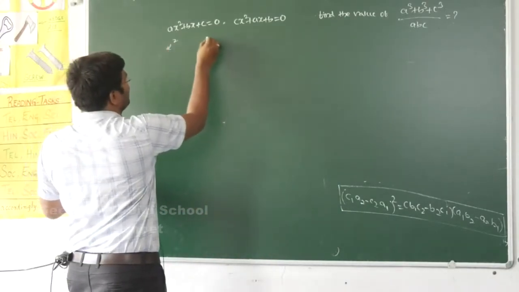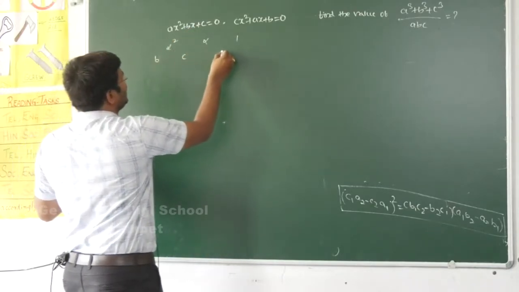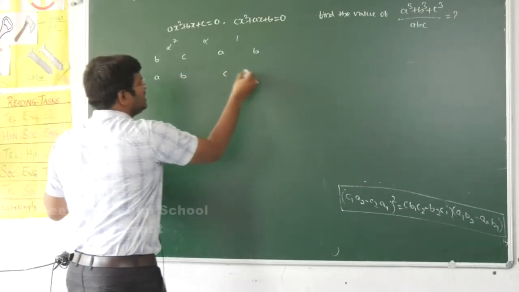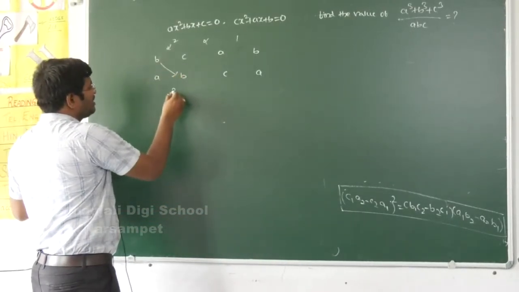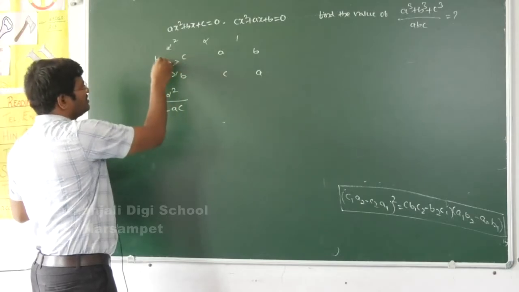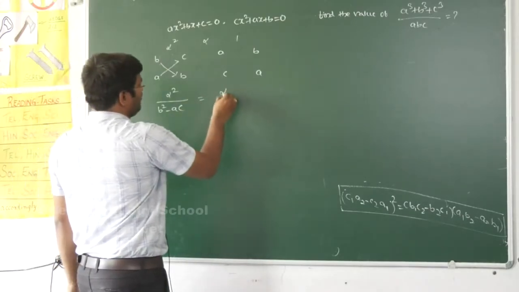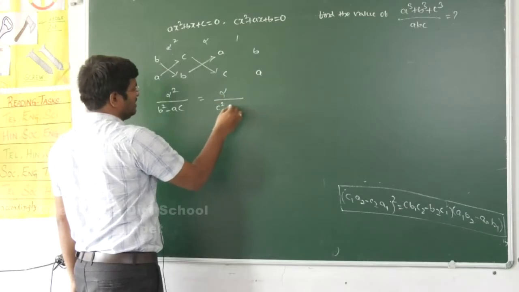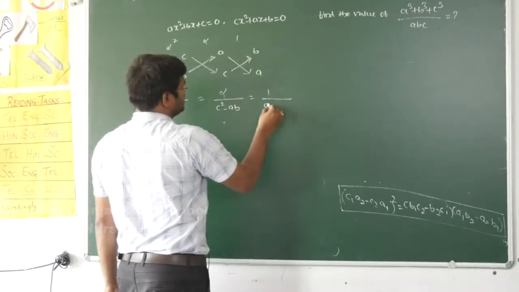Let the common root be alpha. Then we write the cross multiplication with coefficients b c a b, a b c a. Alpha square by b square minus ac, then alpha by c square minus ab, then 1 by a square minus bc.